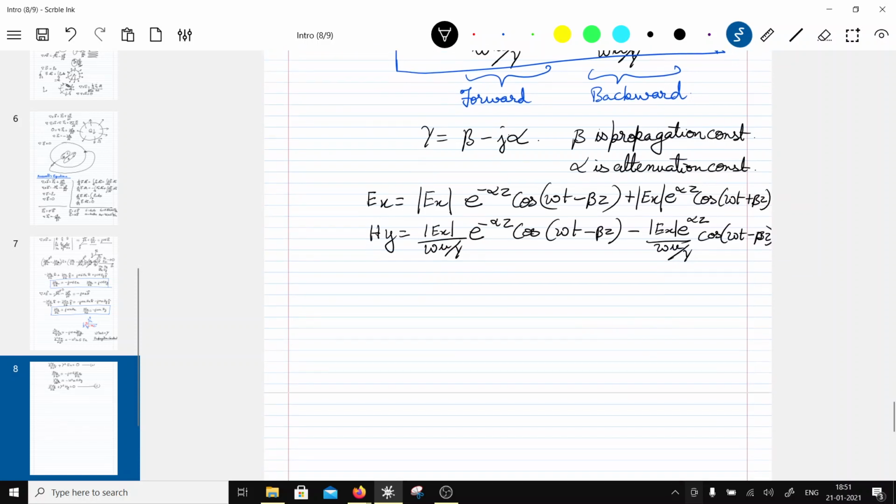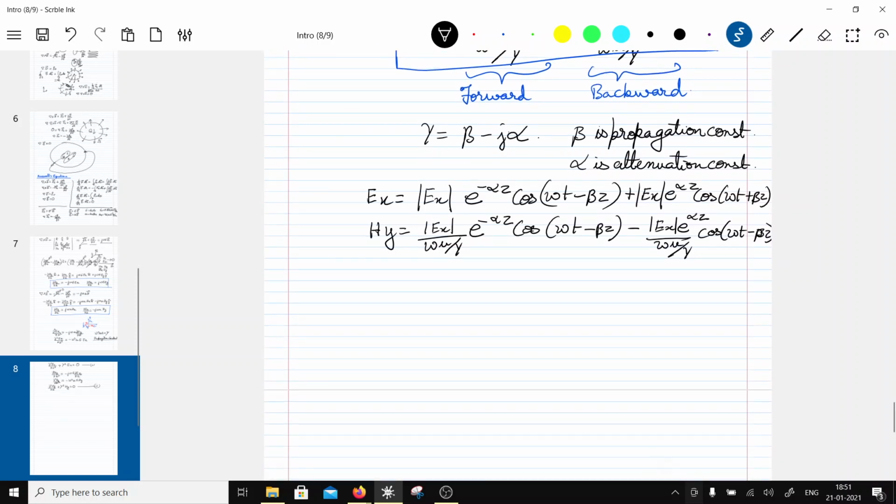Okay, what it says is you will have an Ex component and a Hy component.